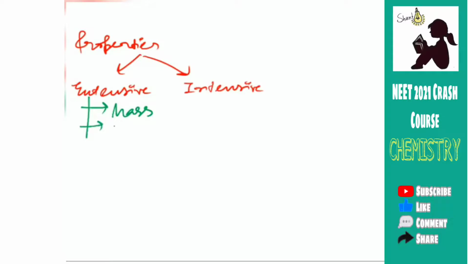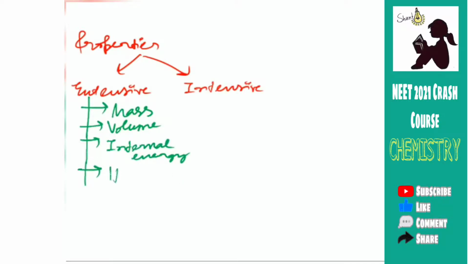They are mass, volume, then our internal energy, next is our heat capacity.